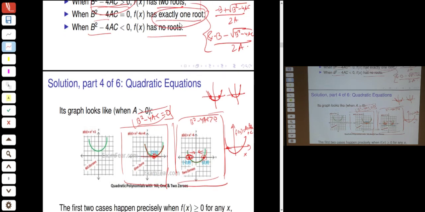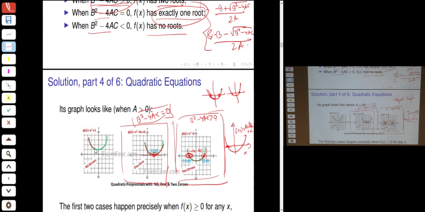And if you continue reducing b squared minus 4ac so that it becomes negative, then the graph of the function f(x) lifts upwards even more like this, and notice that in this case b squared minus 4ac is less than 0. In this case, the graph does not intersect the x axis at all.